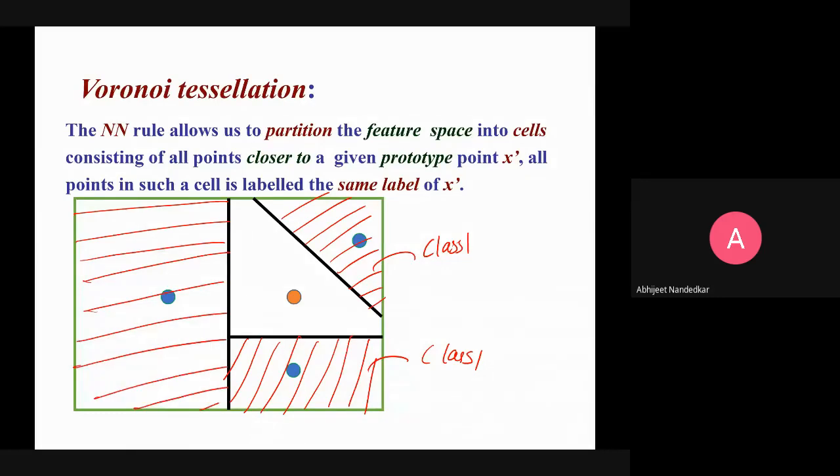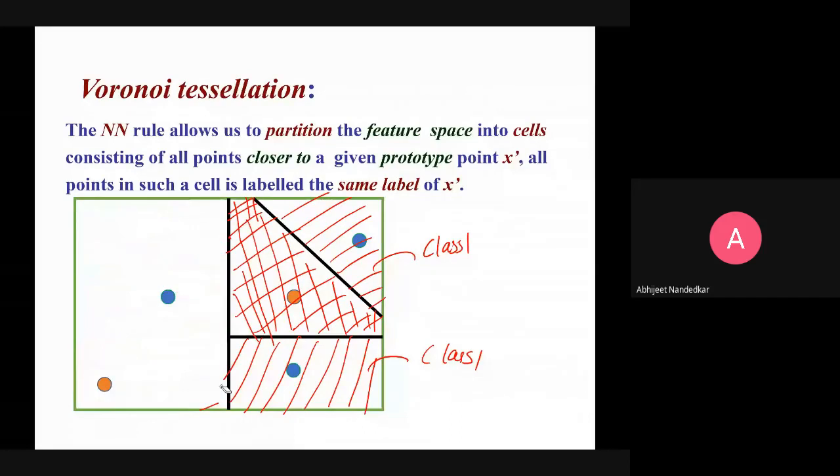Such a diagram is called Voronoi tessellation, and this zone is class 2. So any test sample falling in this area belongs to class 2. If I add one more orange sample, see what happens.